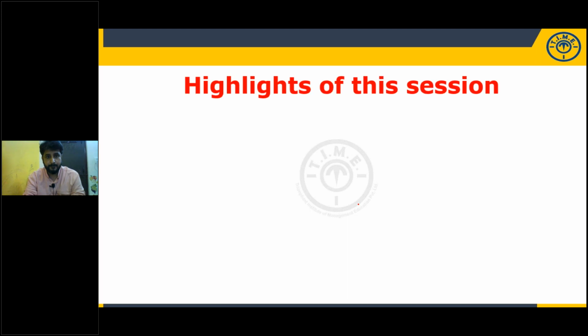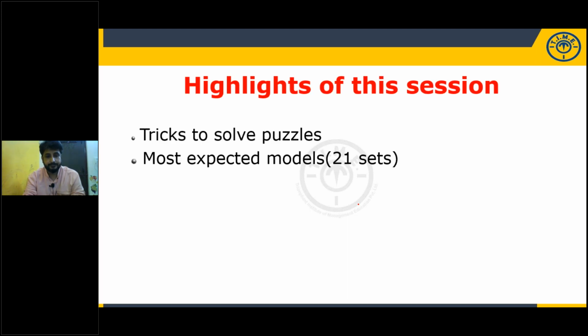So the main points of this session are how to solve the puzzles, and the most expected models, 21 sets. All 21 sets we are not going to discuss here. We'll see how many are possible to discuss, and for the remaining models I will tell you what kind of models are expected.